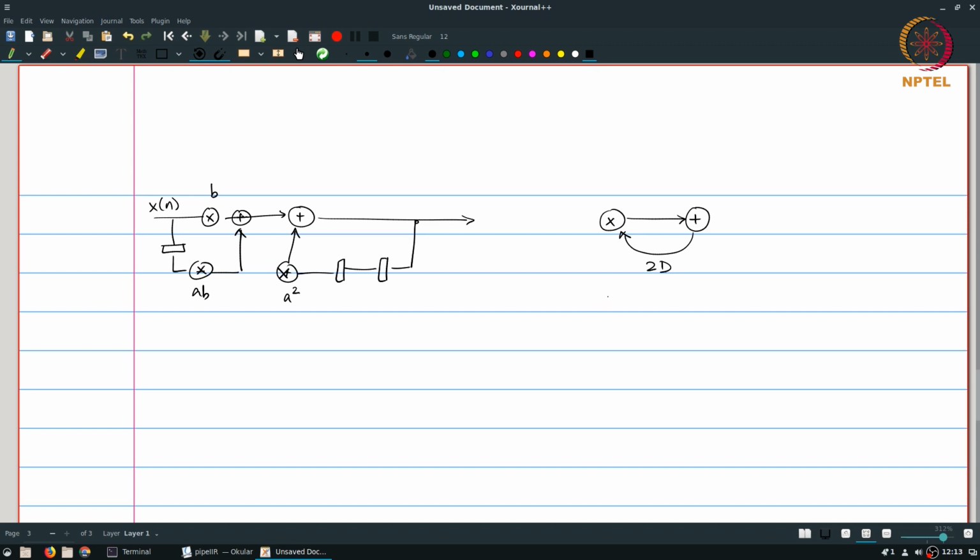Now what happens with this? What we find is that the iteration period bound in this case is actually equal to (Tm + Ta) divided by 2. But as it stands, the critical path is still equal to Tm + Ta, which means that I now have a problem, which is that the sample interval is going to be equal to Tm + Ta.